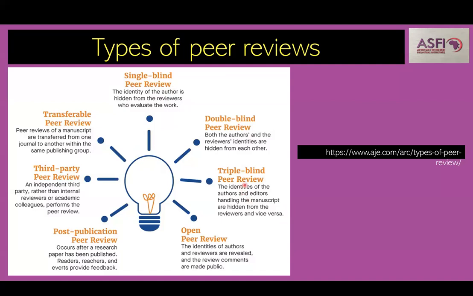You have triple blind peer review, in which the editors, the authors, and the reviewers do not know each other. All right. This is not common. It's not common, but you can find it. Then you have open peer review, in which everybody knows everybody.